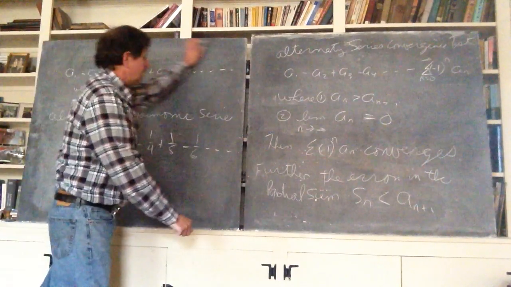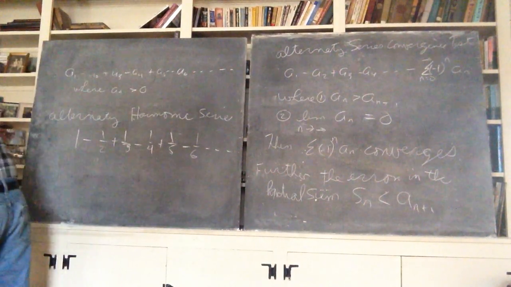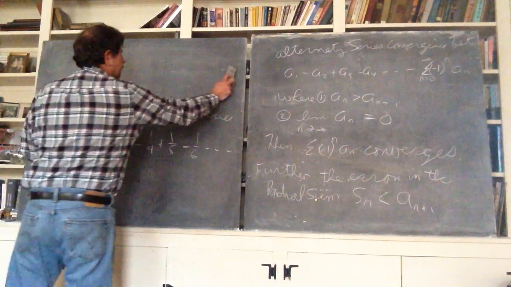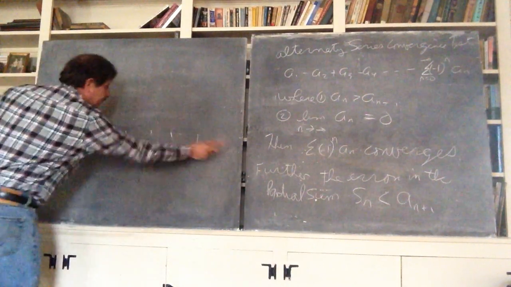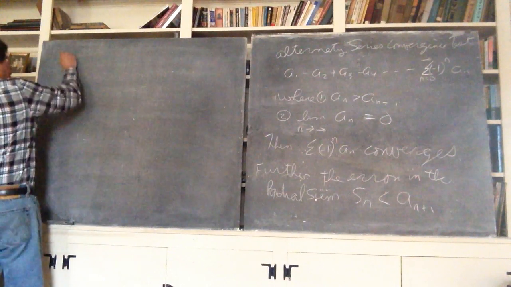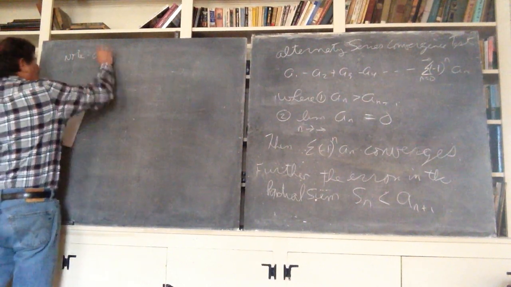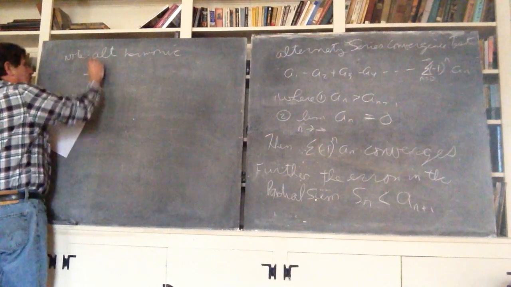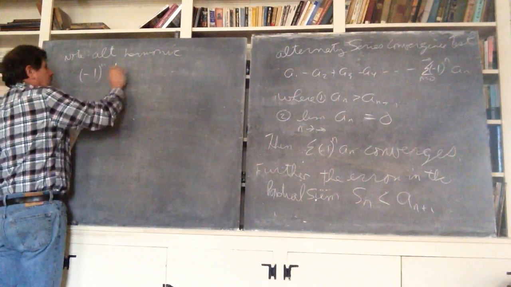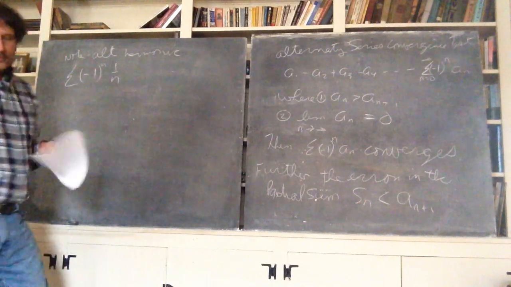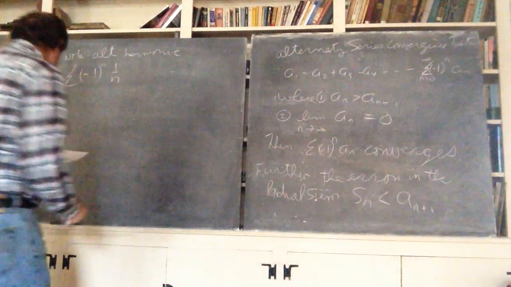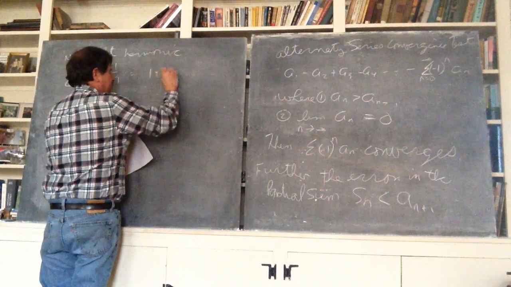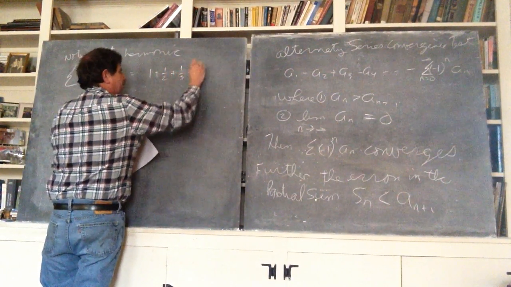Okay, so we're there. Alternating again. Alternating harmonic versus sum of the first n terms. Note the alternating harmonic series looks like that: 1 minus a half plus a third minus a fourth.